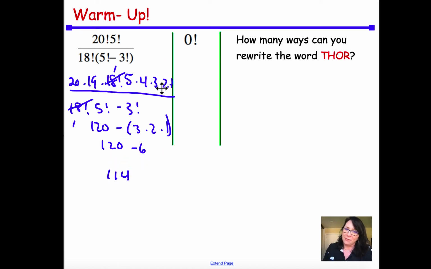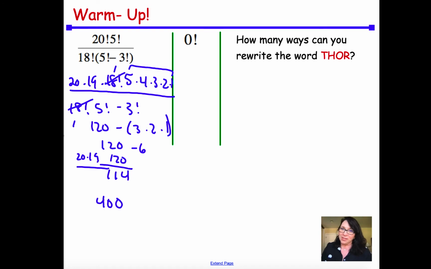And on top we have 120, that's the 5 factorial, times 20, and then times 19. You guys can work that out. Let's see, I do have a calculator. Let me get that and fix that. So 20 times 19 times 120, divided by 114, is 400.